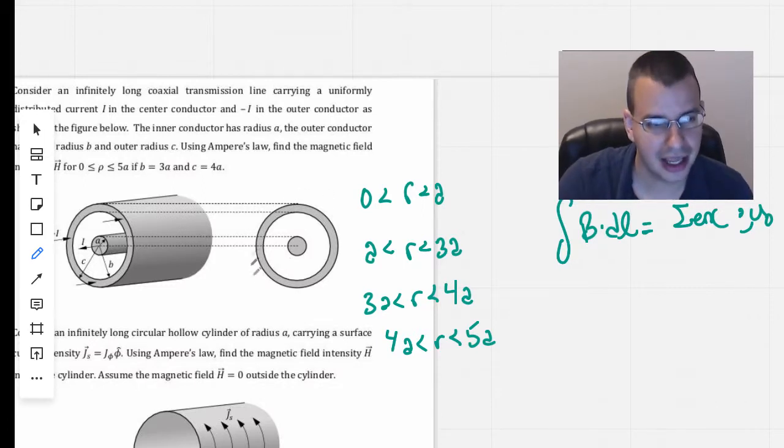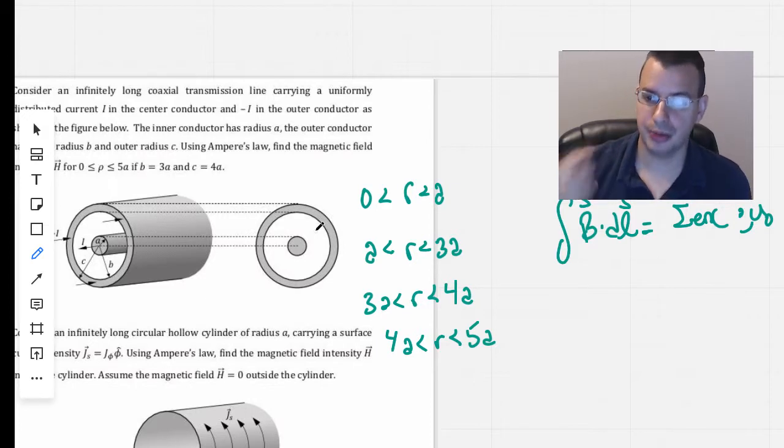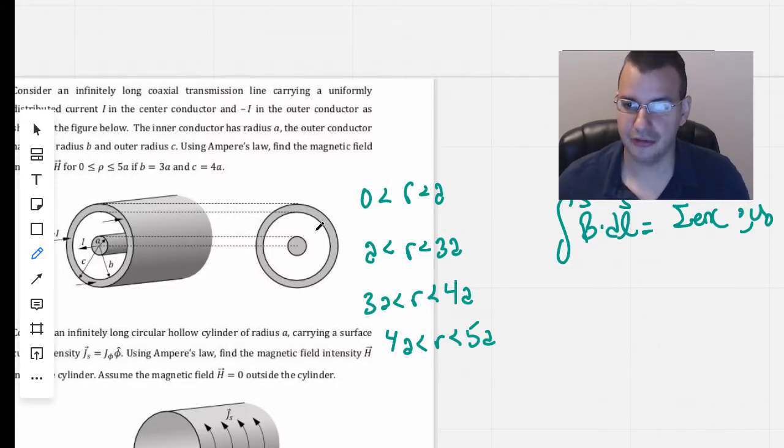So we draw a circle, because we have a dot product here, and ideally we want the B field and the length of the shape going along the direction of the shape to be either parallel or perpendicular. If they're parallel, then the angle between the two, cosine of theta, will be cosine of 0, which is 1, which is good. Or if they're perpendicular, then cosine of pi over 2 would be 0, and everything cancels out.